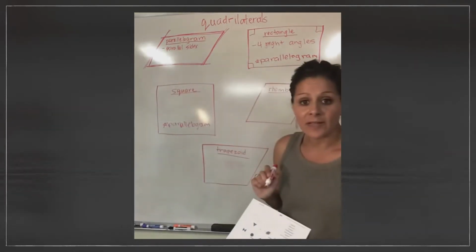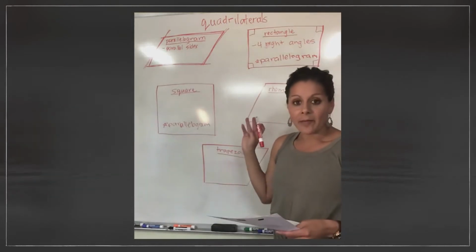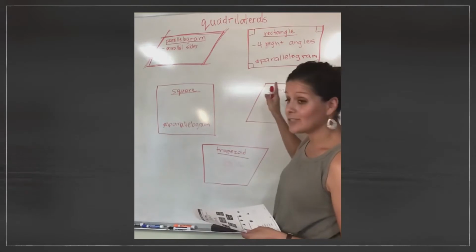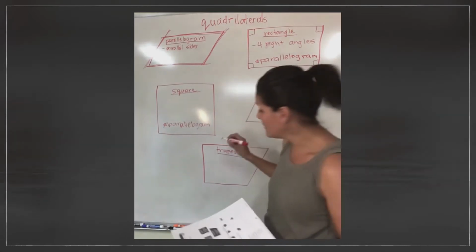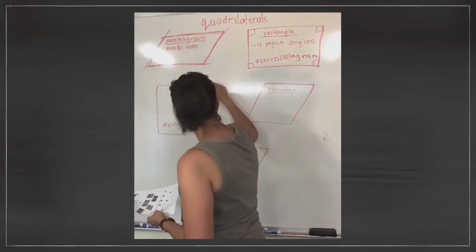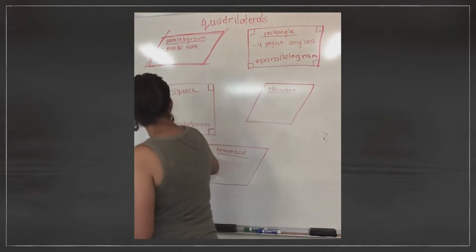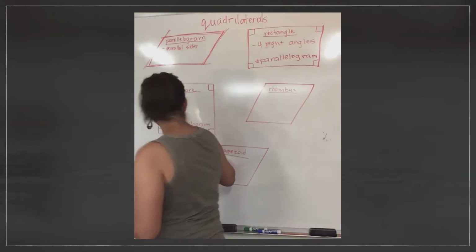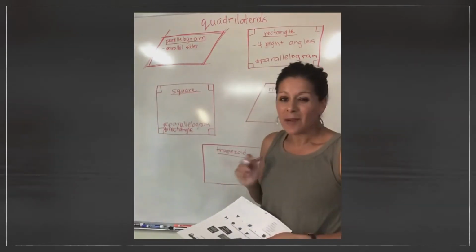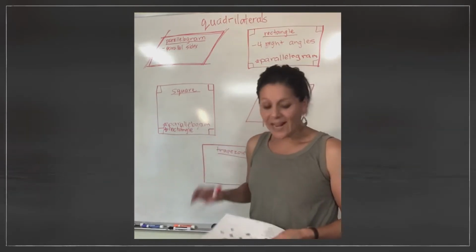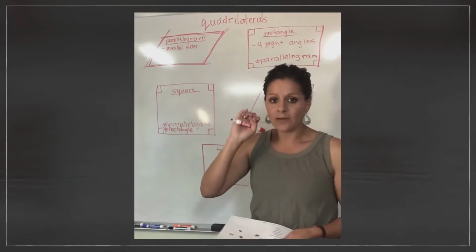But look at its angles. Doesn't it also have 4 right angles? So it's also a rectangle. But then what makes it a square? Well, what makes it a square is that it has 4 equal sides.